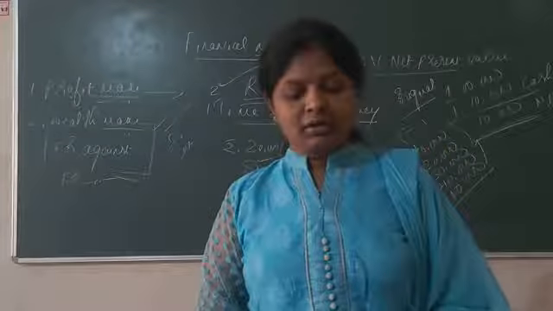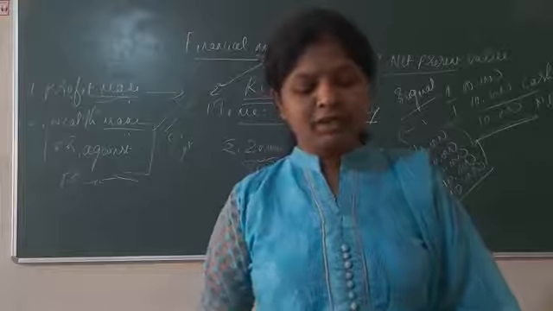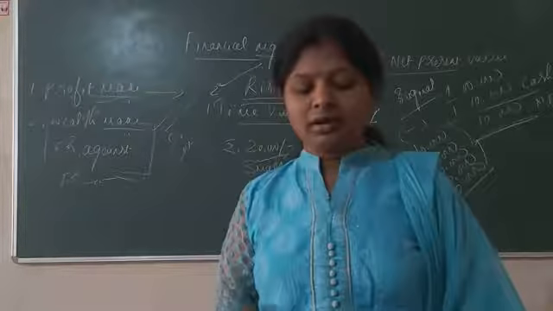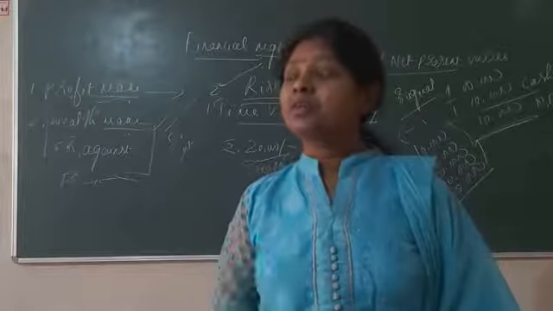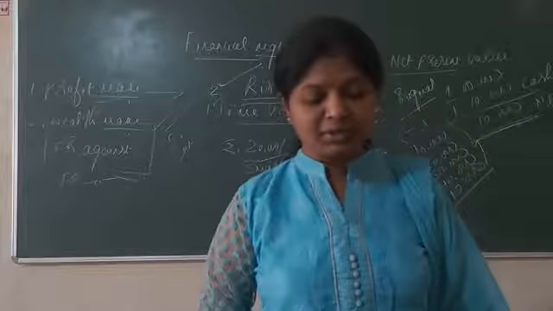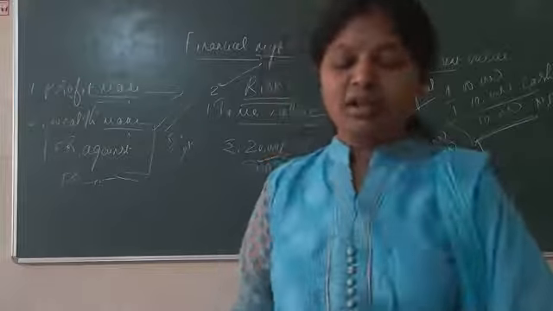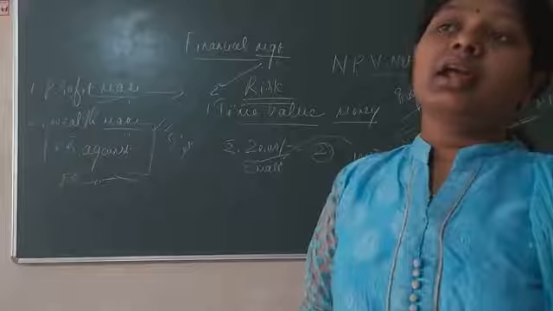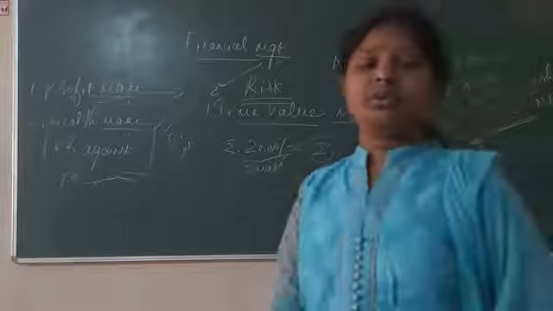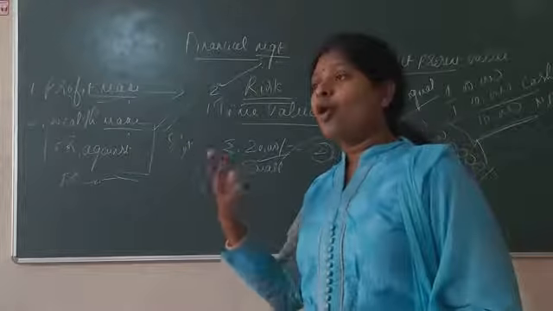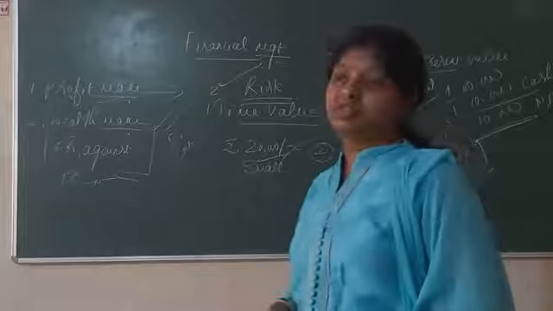And here the wealth of the shareholders, the timing, the risk, the present as well as the future earnings of the company, the market price of the share, the capitalization rate. Likewise, wealth maximization is taken into consideration. All these are the concepts.